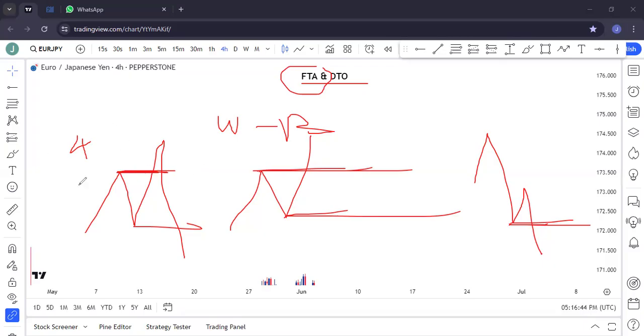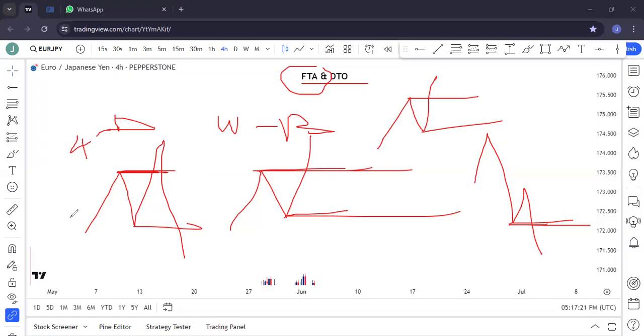You can see a body break in the 4 hour, but if you go to the daily, you see just wicks have broken here. So if you find this action, this means whenever we find a structure, we have to verify if this structure is really broken by body. From there we can be assured to trade this structure.